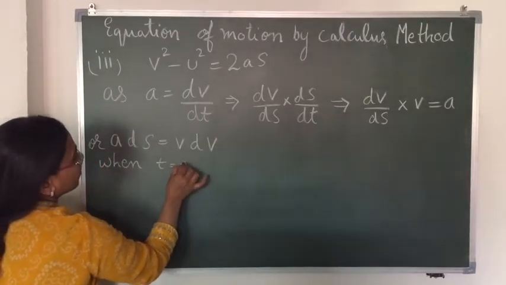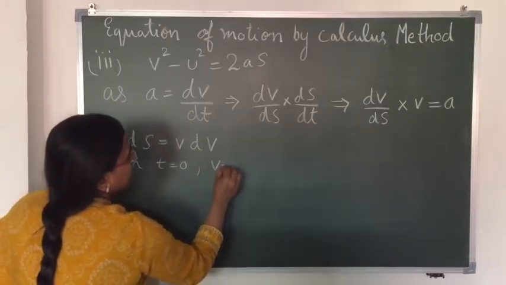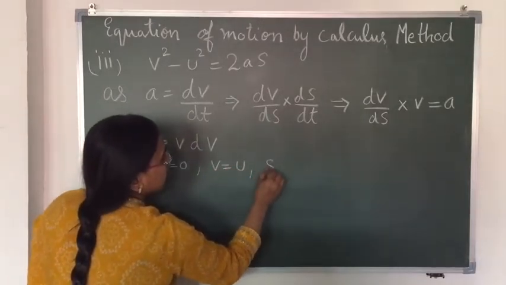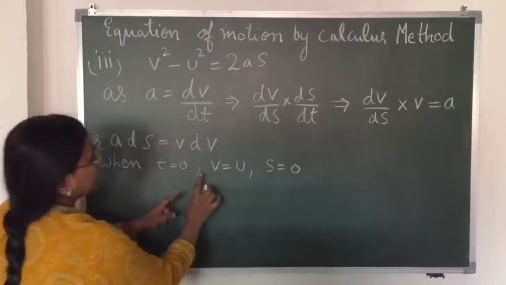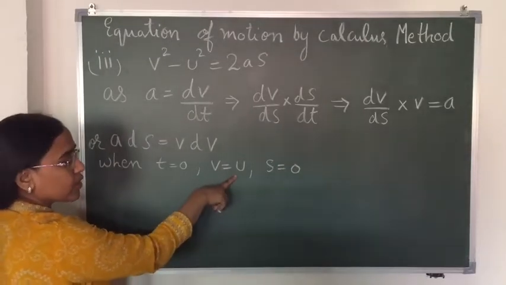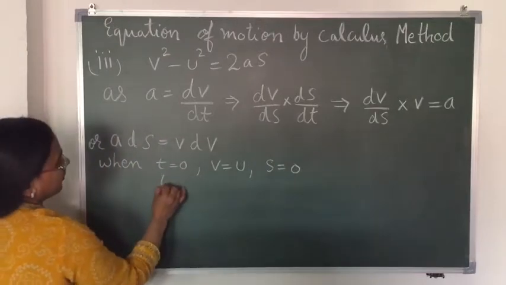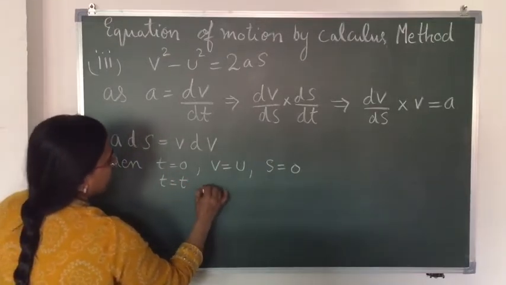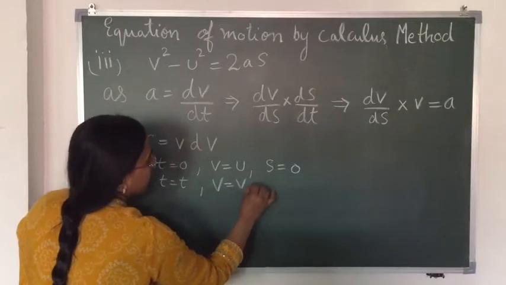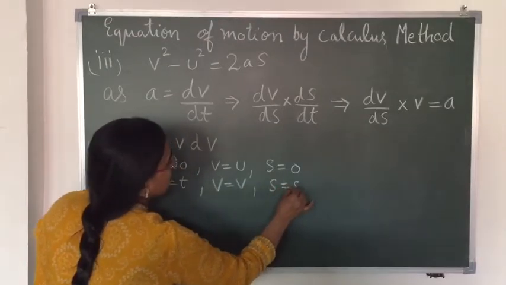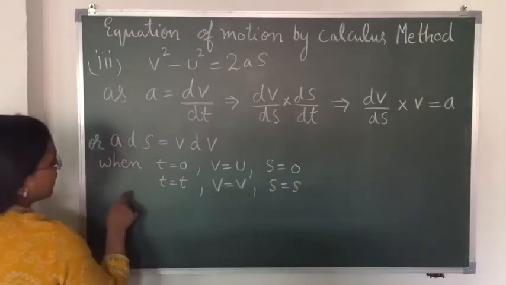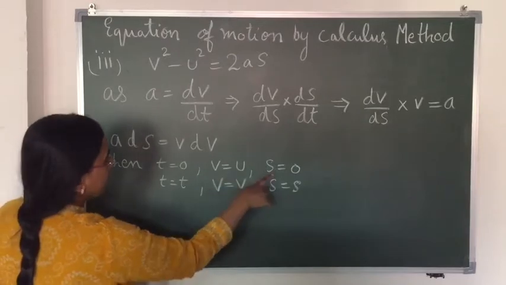When t = 0, v = u and s = 0. This we studied in the first equation of motion, and this in the second equation of motion. When t = t, v = v and s = s. Now integrate within the limits of v and s.